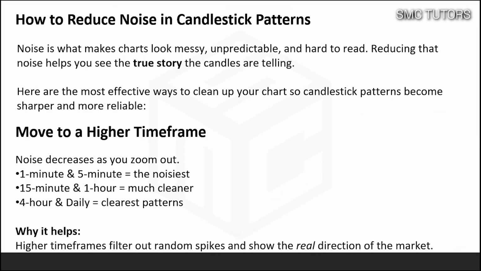So noise decreases as you zoom out. The 1 minute and the 5 minute charts are very noisy charts. It takes more candlesticks to form on the 1 minute and 5 minute time frame than on the 4 hour, daily or weekly time frame. So once you go higher, you reduce the noise on those time frames.